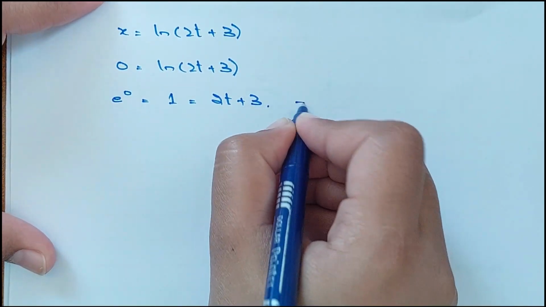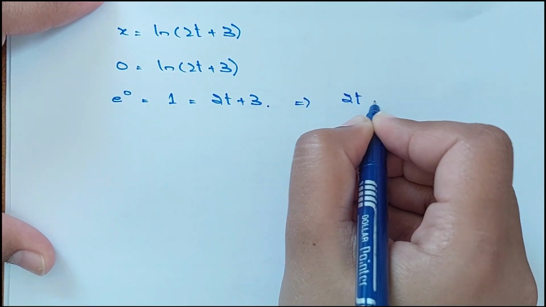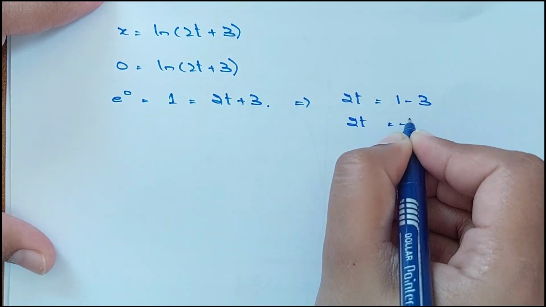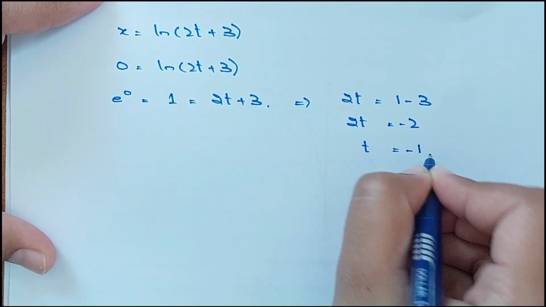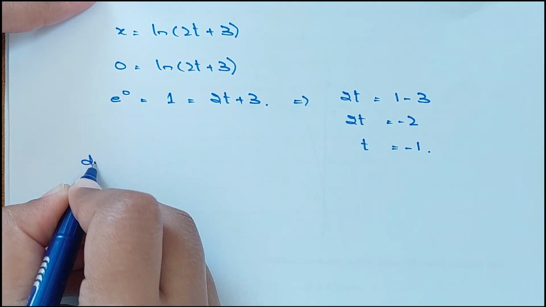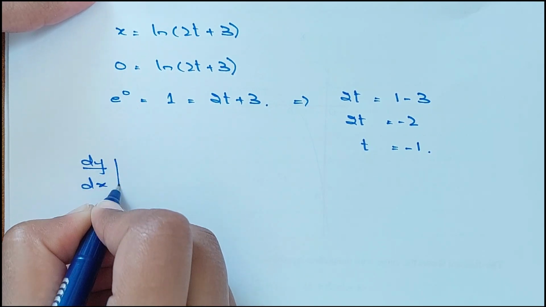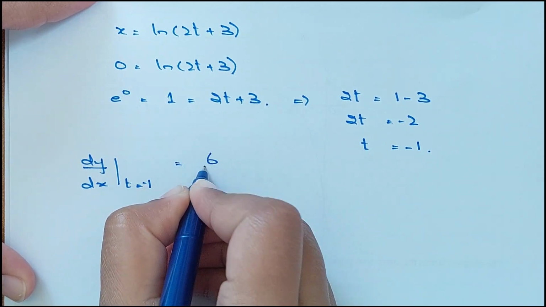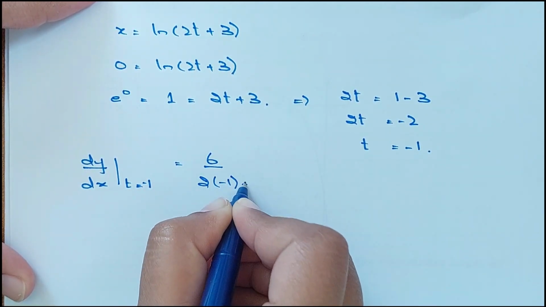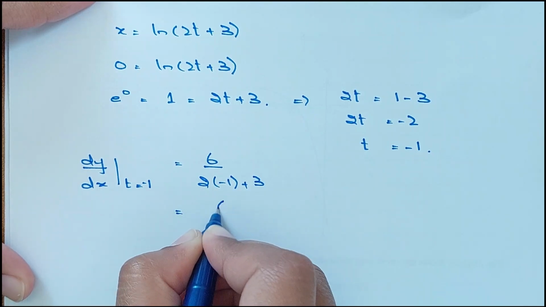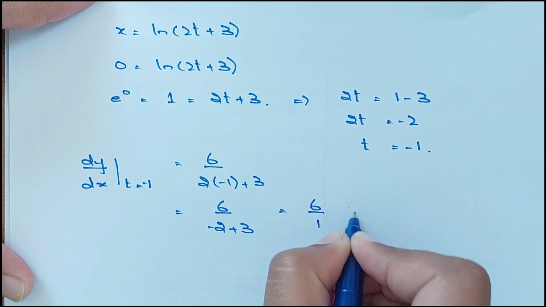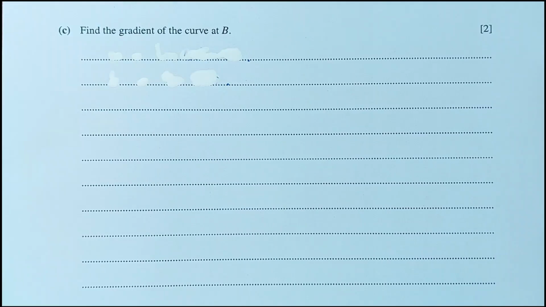Or from here we can say 2t equals 1 minus 3, and 2t would be equal to negative 2, and t would be equal to minus 1. Right, now what is dy over dx at t equals -1, which is 6 over 2t plus 3? This would be 6 over -2 plus 3. This would be 6 over 1. This is 6.